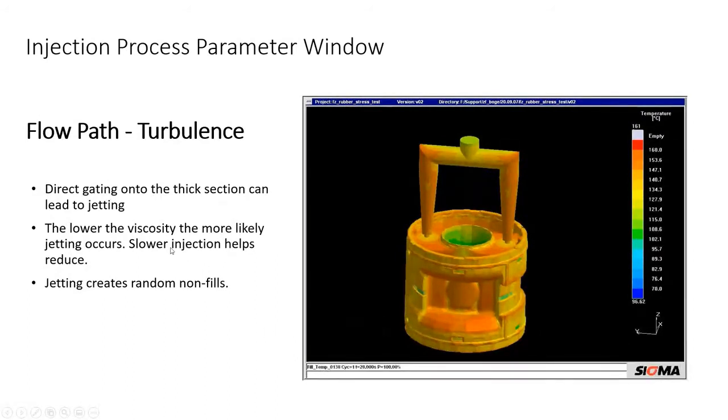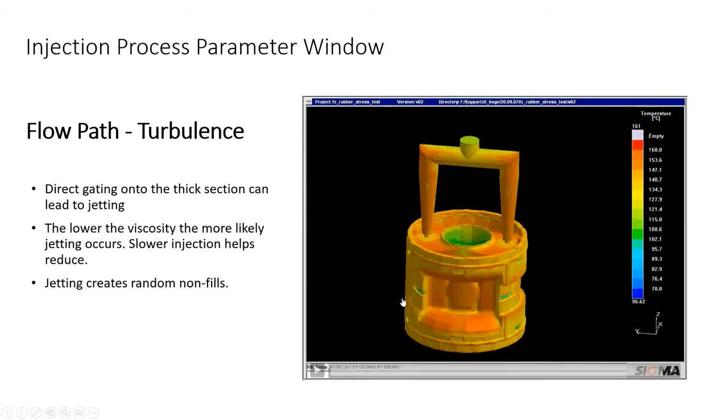So, there's some things that we can do. Lowering the viscosity is more likely to cause jetting. So one of the things we may say is this is not an acceptable material for this configuration. If we can't change the way the mold is built, then we need to increase the viscosity of the material, which as a rubber chemist, there's 150 ways to do that. So we may want to go back and qualify a different material. Slower injection helps, but slower injection equals lower mold temperatures, which slows down the manufacturing process, which costs money, and nobody wants to do that.